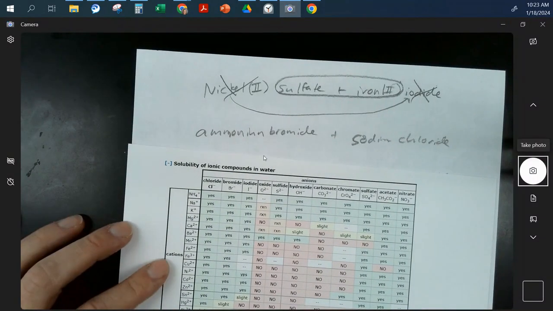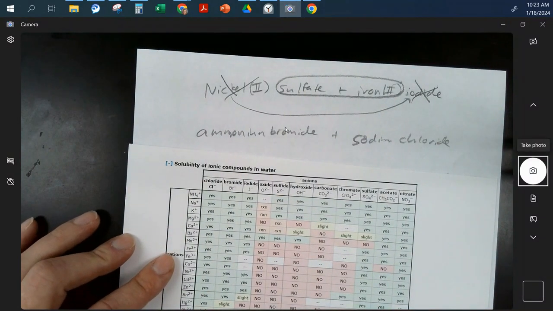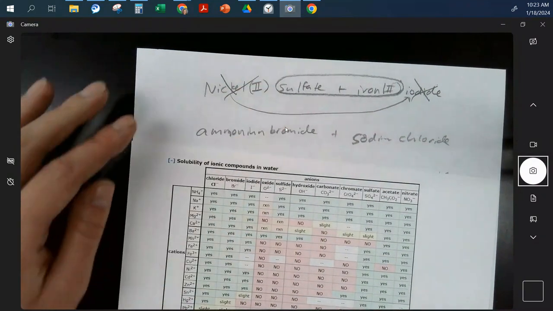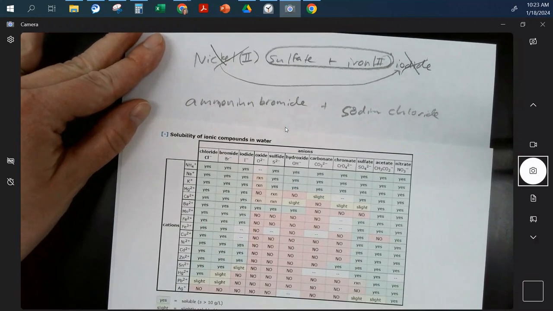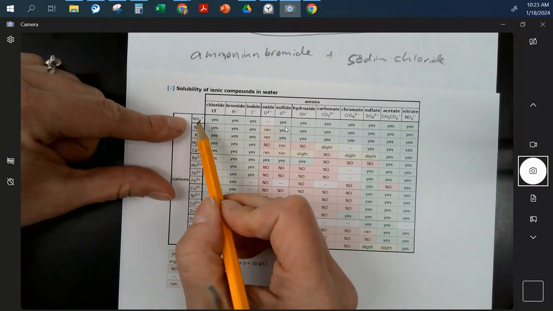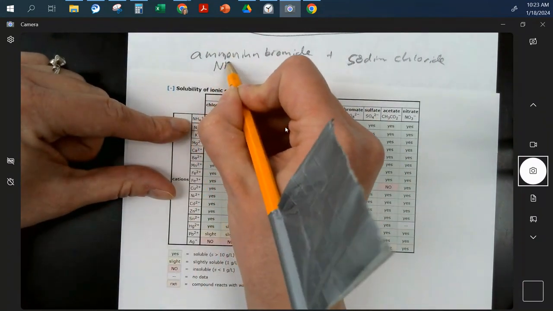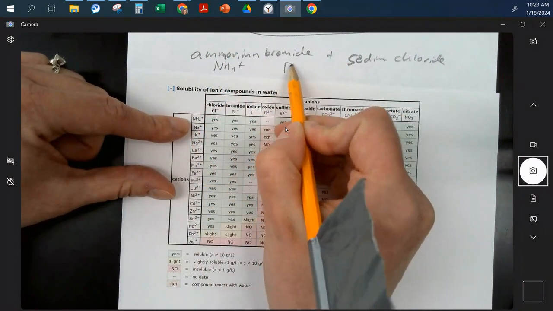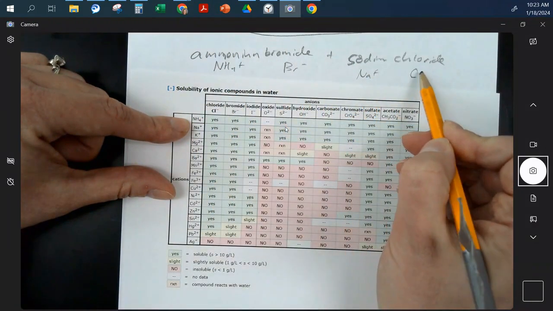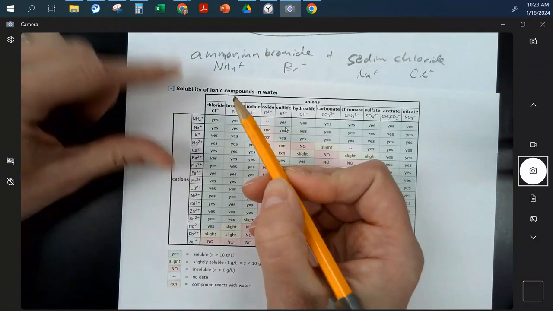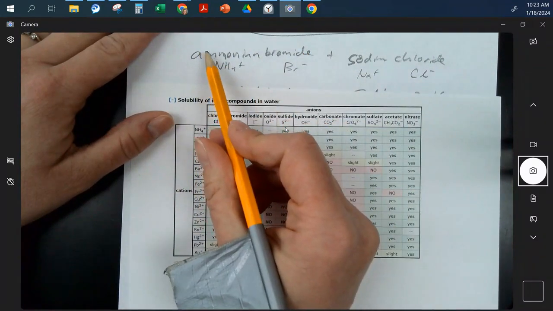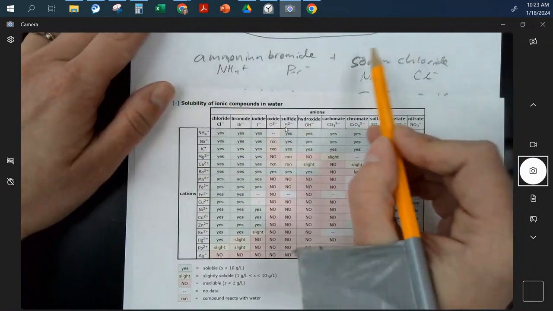Okay, so the first one, ammonium bromide. This is an example where it's an ionic compound, even though we have only nonmetals. But ammonium is an ion, so it's an ionic compound. So ammonium is NH4 plus, bromide is Br minus, sodium is Na plus, chloride is Cl minus. Okay, and then we're given this, so it's aqueous. This one's also aqueous.